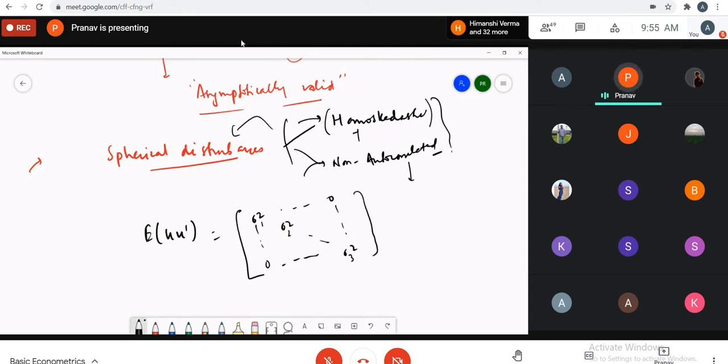A perfect example you can take is, again, the same example. Let's say income and consumption expenditure. The assumption of homoskedasticity means that not only the average value of consumption expenditure remains the same across all income levels, but the variability around that mean consumption expenditure also remains constant across all income levels.